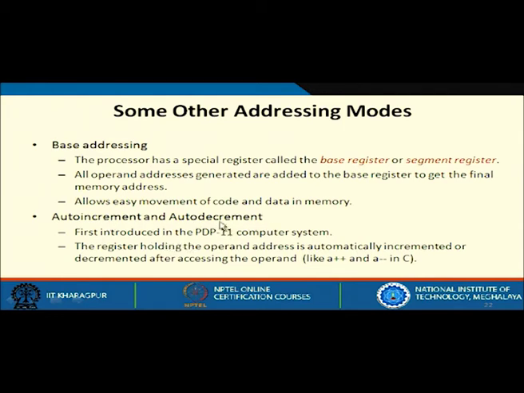Auto increment and auto decrement mean that if you load a register with some address, you can access that value and then increment it, or access the value and then decrement it. Either way you can implement this. We have also seen auto increment and auto decrement in C, like A plus plus and A minus minus. In a similar way we can have such addressing modes.